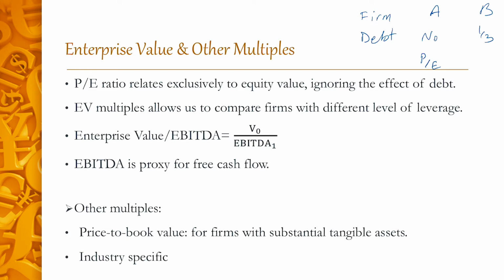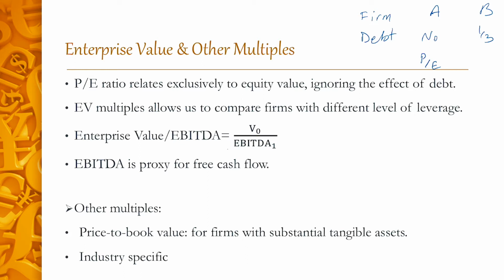In order to resolve that issue, we can use the enterprise value multiples. Enterprise value multiples allow us to compare firms with different levels of leverage. It's very similar to what we did with the transition from the dividend discount model to the discounted free cash flow model.